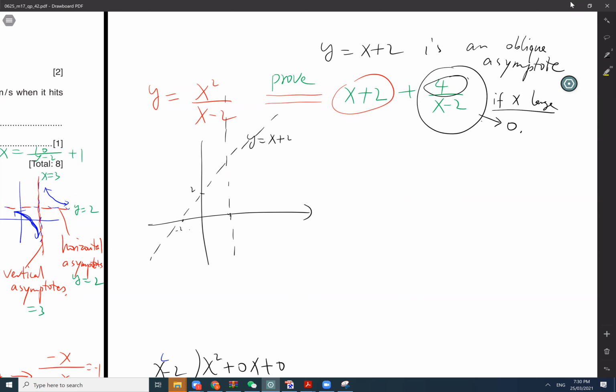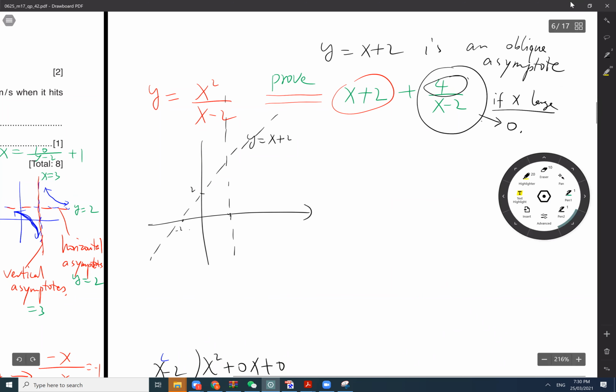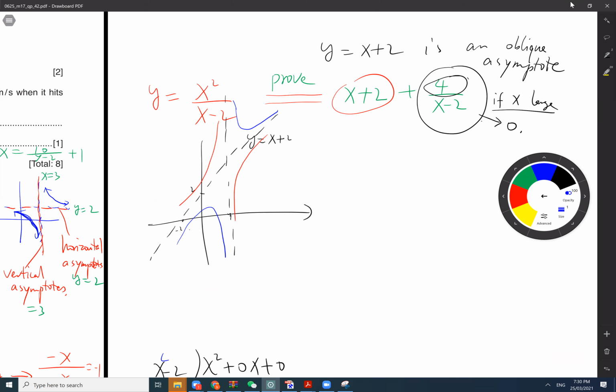But if your curve has these 2 asymptotes, the curve could approach this way or this way. Here we have two possible graphs with the same asymptotes.